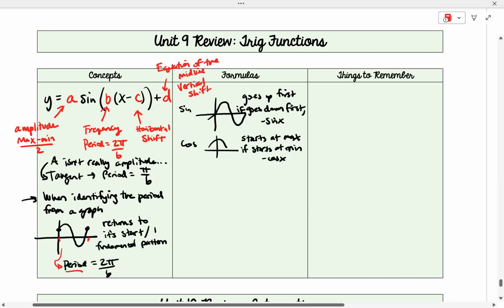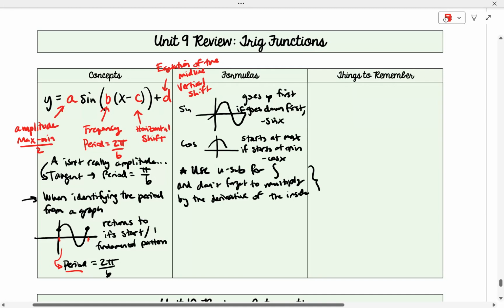But if you're not sure on that, you should always use u sub for integrals, and don't forget to multiply by the derivative of the inside, because all trig are chains.